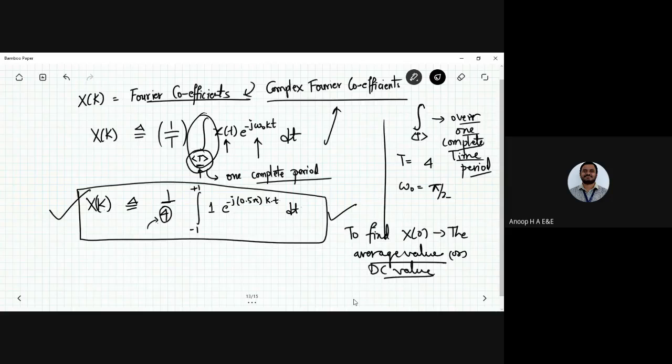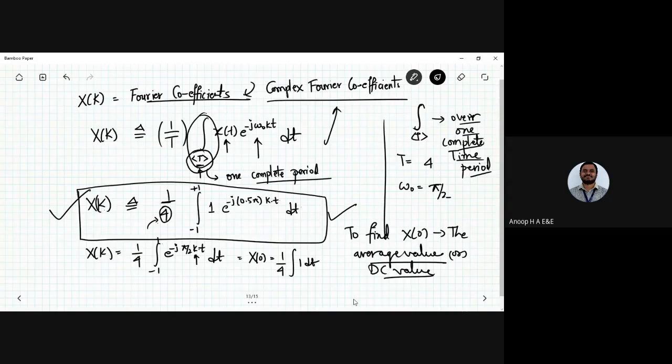Once you have set it, x of k would be equal to 1 divided by 4 integral from minus 1 to 1 of e power minus j into pi by 2 into k t dt. This is where you have to evaluate it. Give the value of k as 0. So x of 0 would be equal to 1 divided by 4, e power 0 is 1, integral 1 dt.